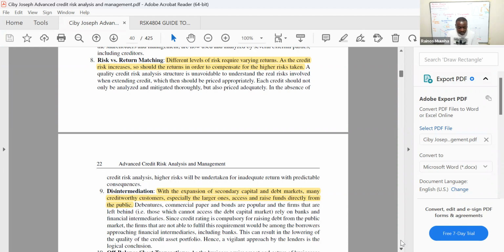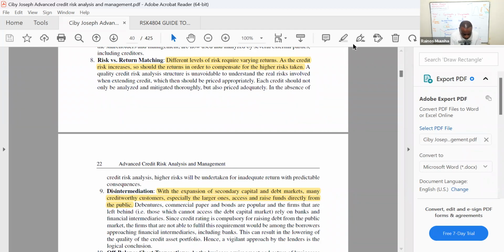This is why we need to do a credit risk analysis, because it also helps us with the credit pricing of the credit asset. Remember, the credit pricing needs to take into account the risk, and this is how we arrive at the price of the credit, which is basically the return that is going to be charged.